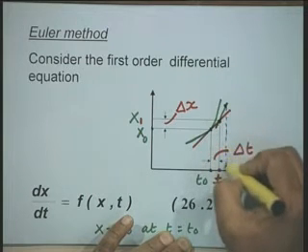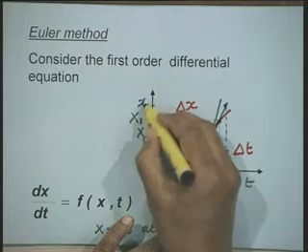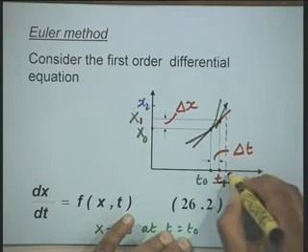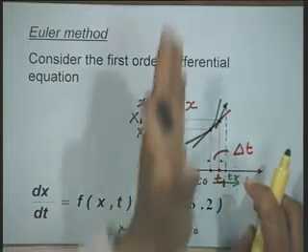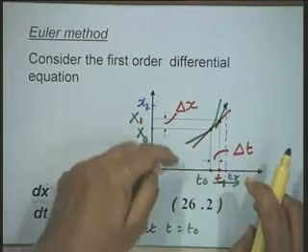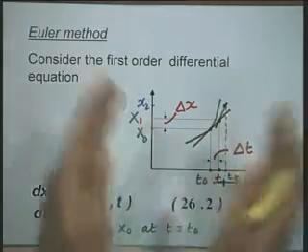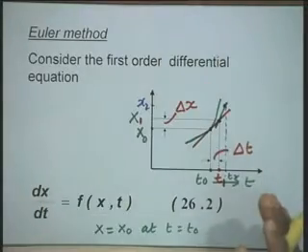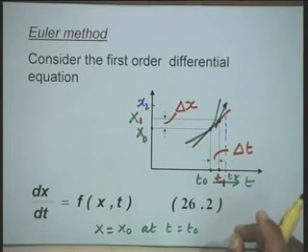Let us say this point, this is your t2 and this is your x2. This is the point which you will get. Similarly, if you keep on going, you will find that the solution you are getting by this technique is deviating from the actual solution, and this solution is going to be very close to the actual solution if you take delta t very, very small. This is a very important requirement.